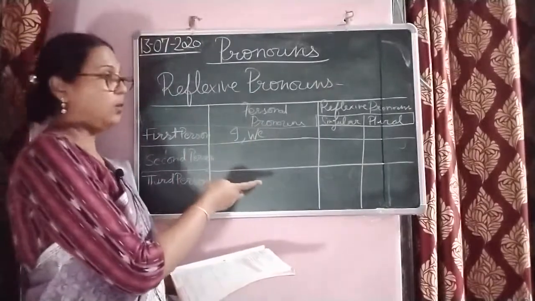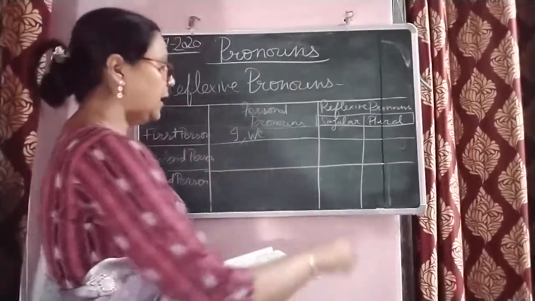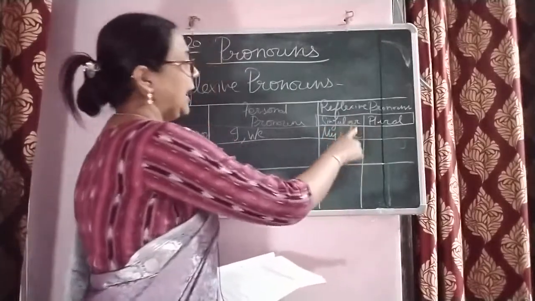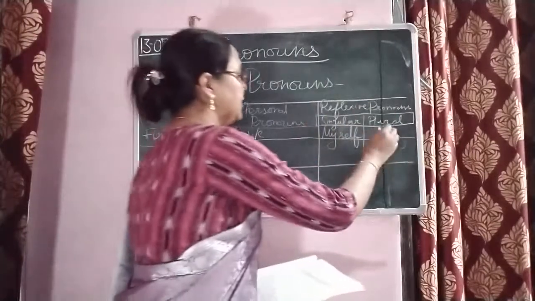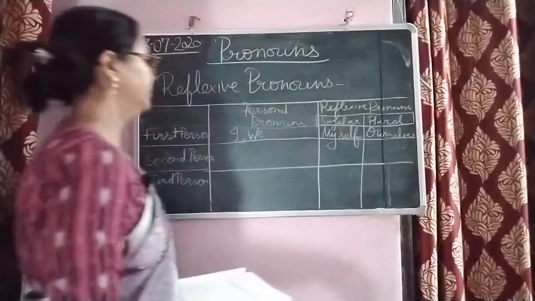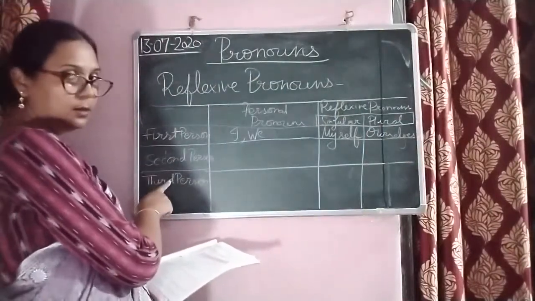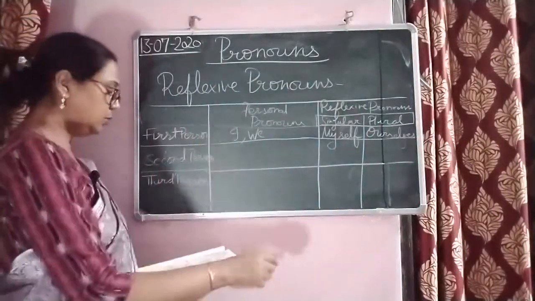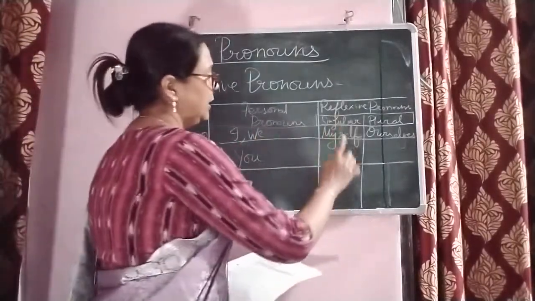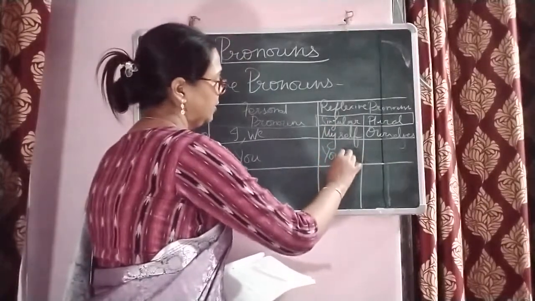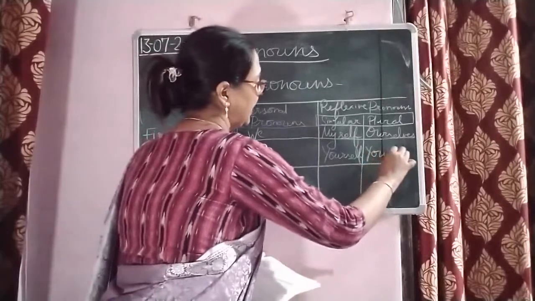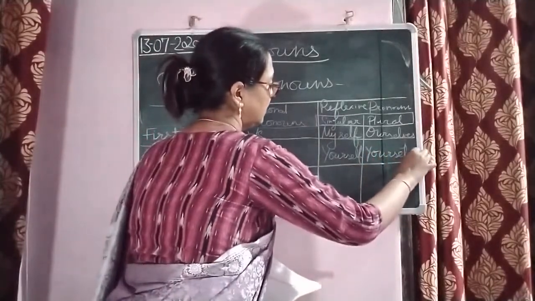In reflexive pronouns, in singular, we are going to write myself, and in plural, ourselves. Now second person, in personal pronoun, you, as you all know, and in singular, yourself, and here yourselves, because it is plural.